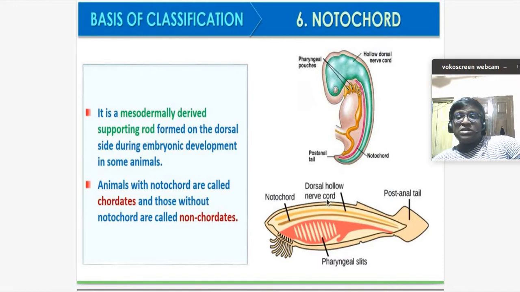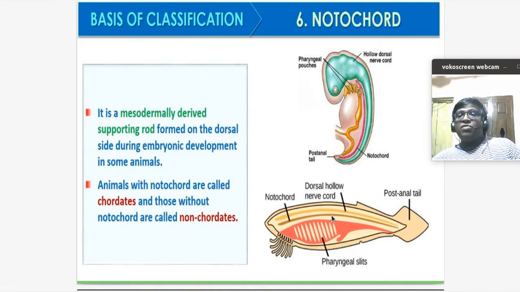It is a rod-like structure derived from the mesoderm layer. You can notice this in embryonic development stages of some animals, like amphibians, reptiles, birds, and mammals. Animals which have notochord we call chordates, and those which do not have notochord we call non-chordates.